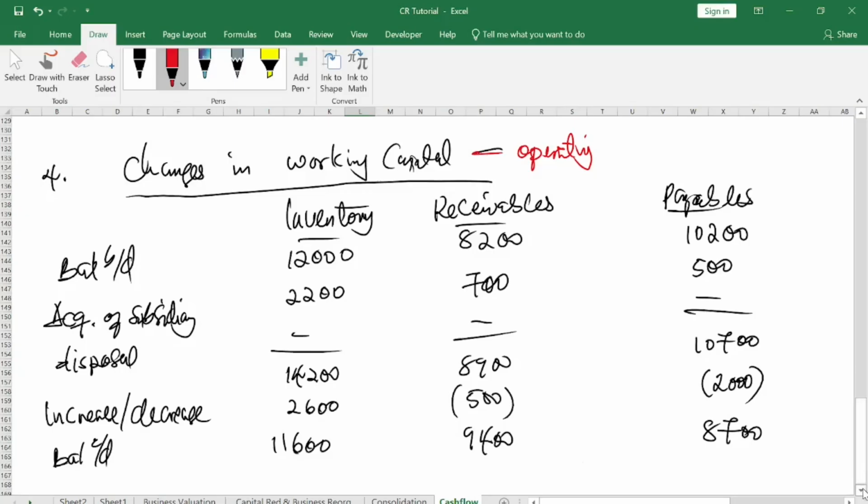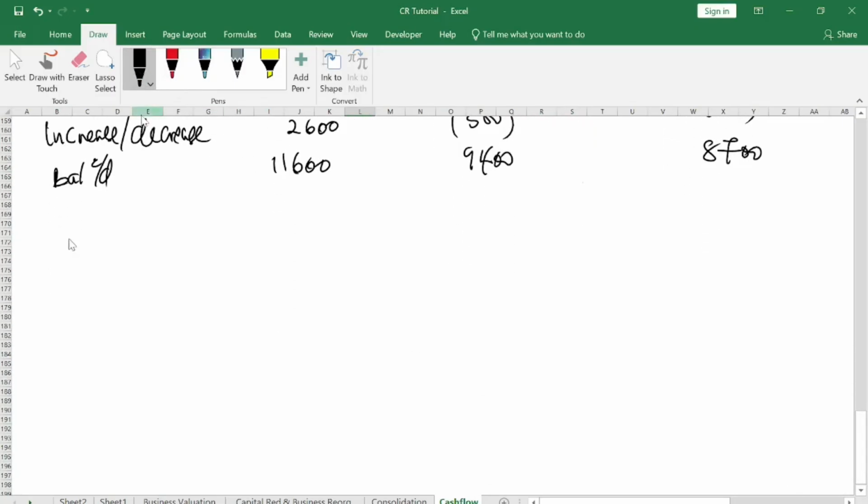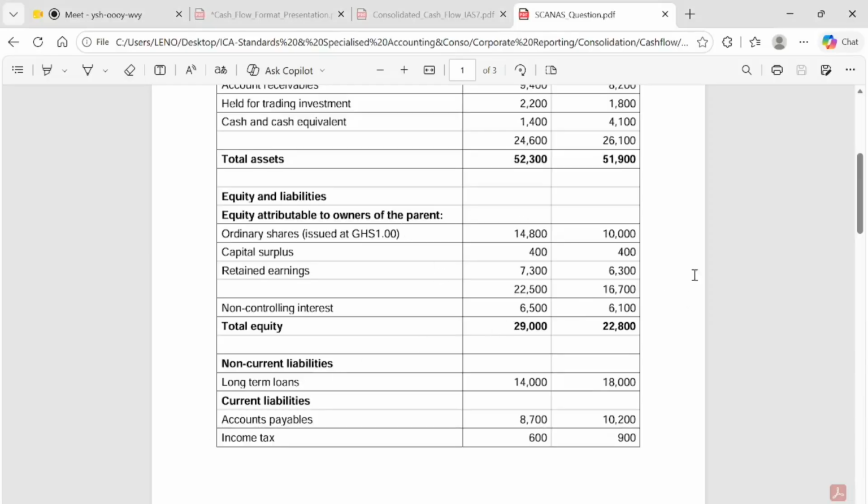So which item can you see down there? Held for trading investment. The opening balance, balance brought down, is how much? Held for trading, 1,800.